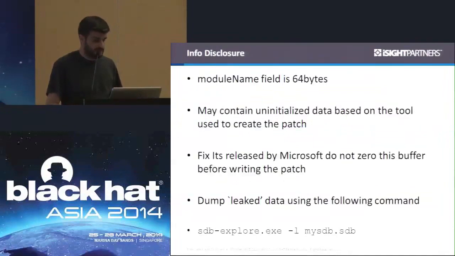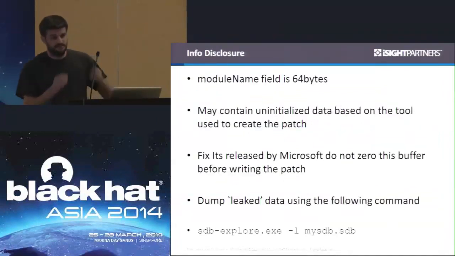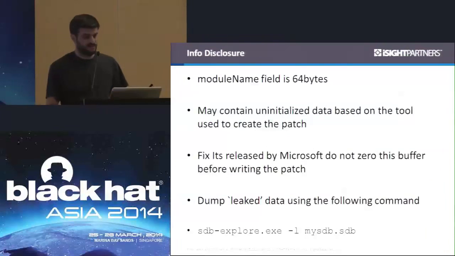The module name field is a fixed length of 64 bytes, so 32 characters. It contains uninitialized data from Microsoft's tools that they use to create these fixits. They don't zero it. I've told them about this, and they released this last one, and it still had uninitialized data, so I don't know if they really care.